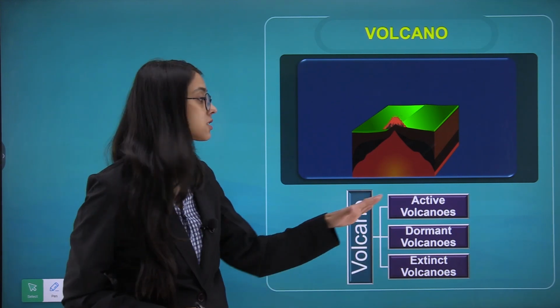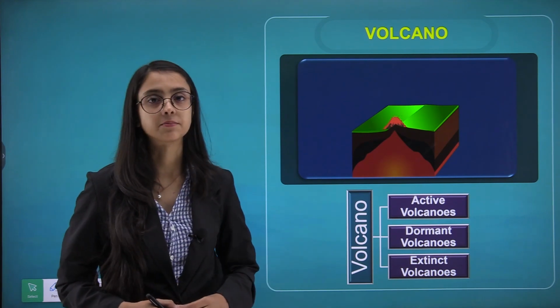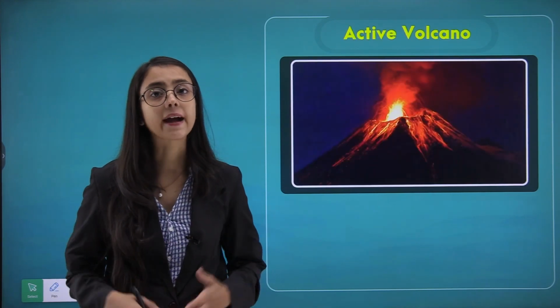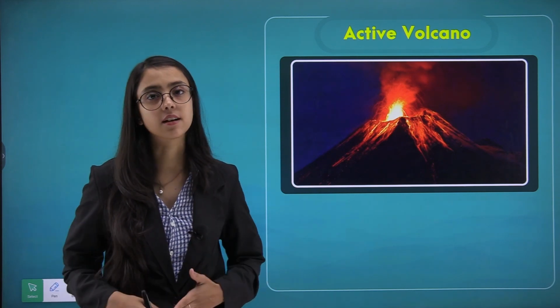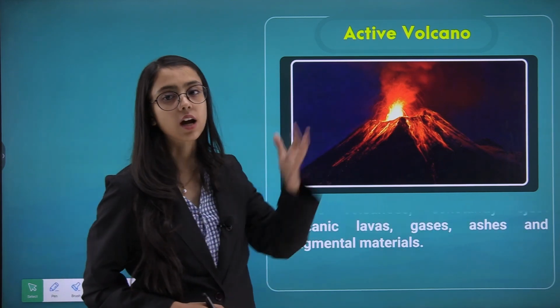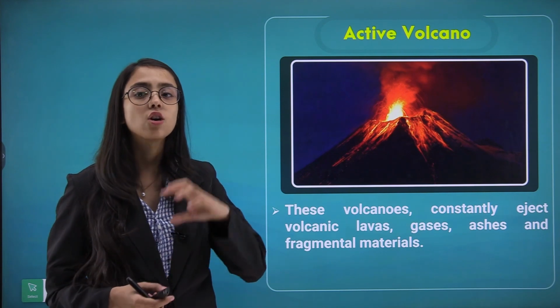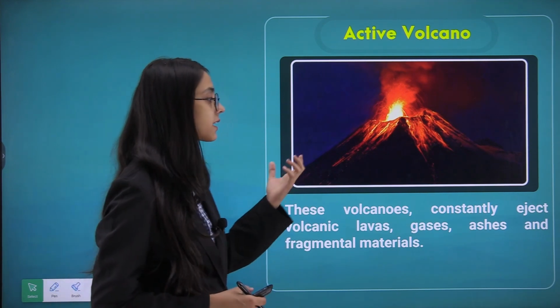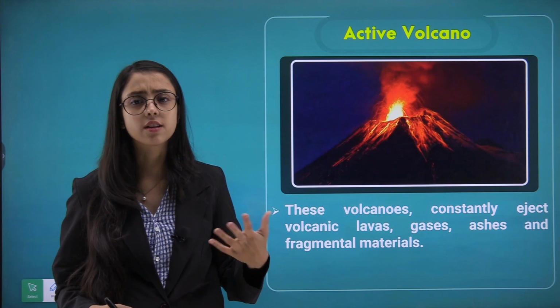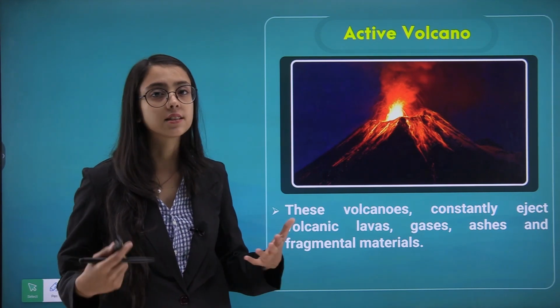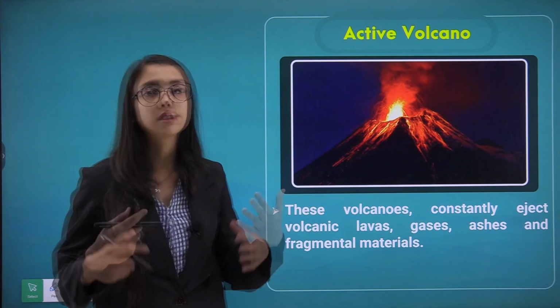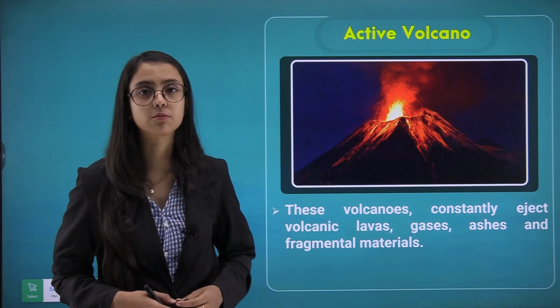Let's study these three kinds of volcanoes further. What are active volcanoes? By the name itself, we can understand that active volcanoes are the volcanoes that constantly eject volcanic lava, gases, ashes and fragmental materials. They erupt constantly from time to time.